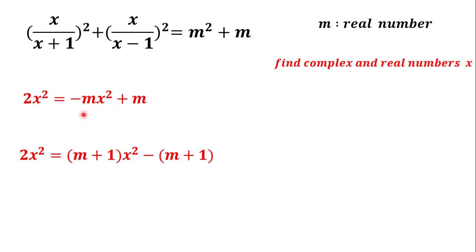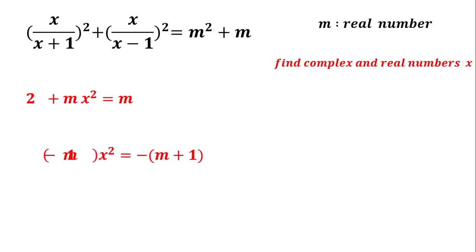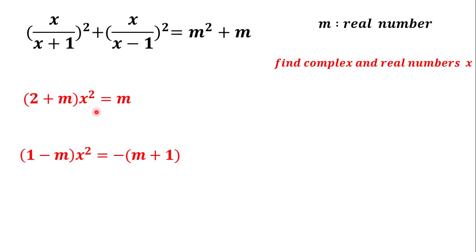And we move all terms that have x squared to the left hand side. Now we need to factor out x squared from these two terms and these two terms. So x squared becomes m over m plus 2, and in this equation x squared becomes minus m plus 1 over 1 minus m.